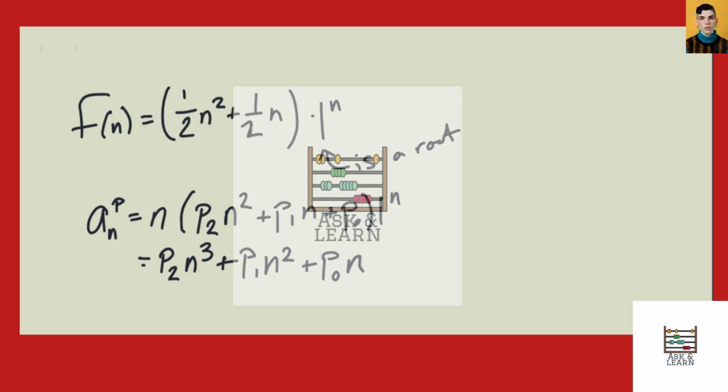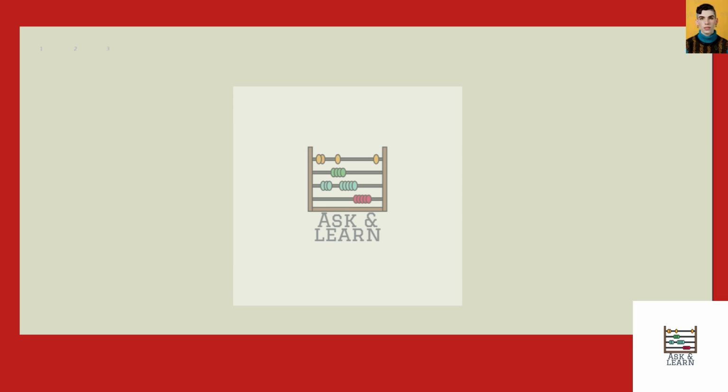Okay, and so now we need to solve some stuff. This must satisfy our recurrence relation. So that means that p2 times n cubed plus p1 times n squared plus p0 times n must be equal to, and I'm just using our recurrence relation where a_n is equal to a_{n-1} plus 1/2 n squared plus 1/2 n and putting this solution into that.